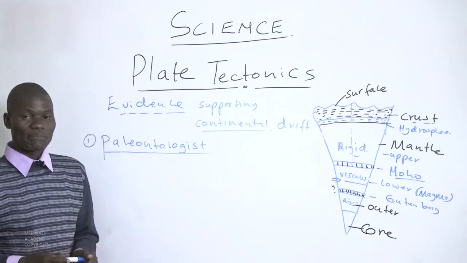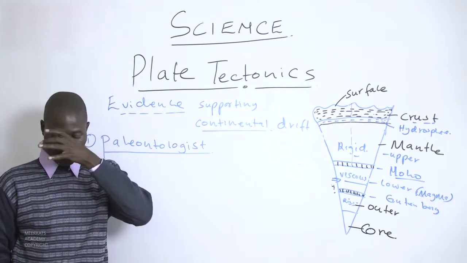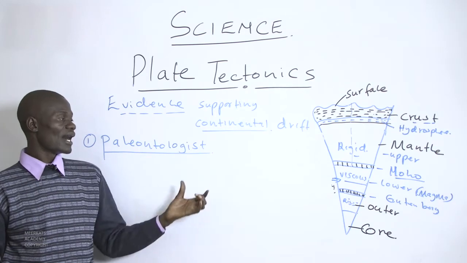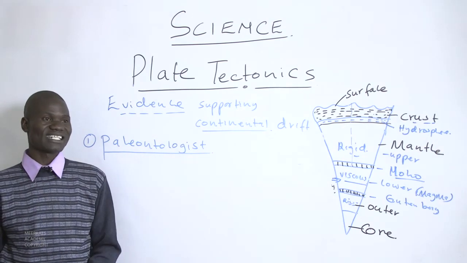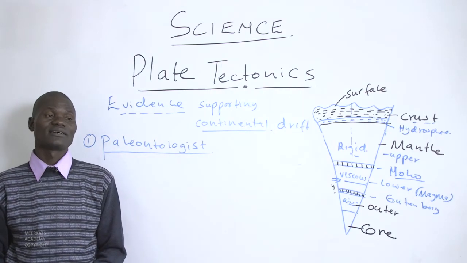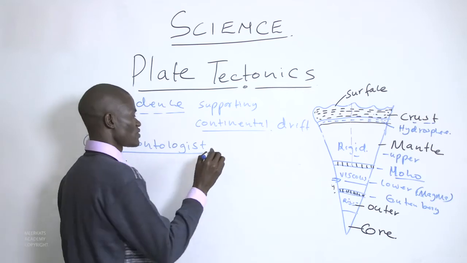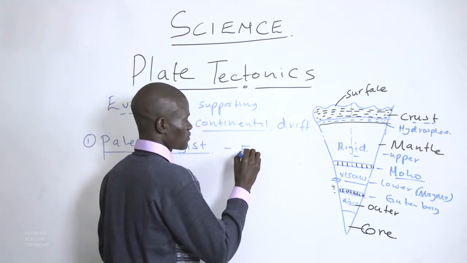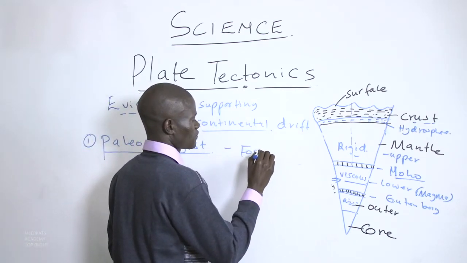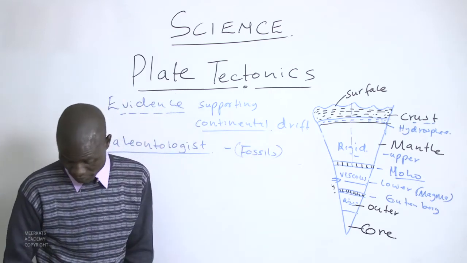We have people known as the paleontologists. They came up with paleontological evidence. And these are the people who study the remains of dead animals and plants. We call them fossils.